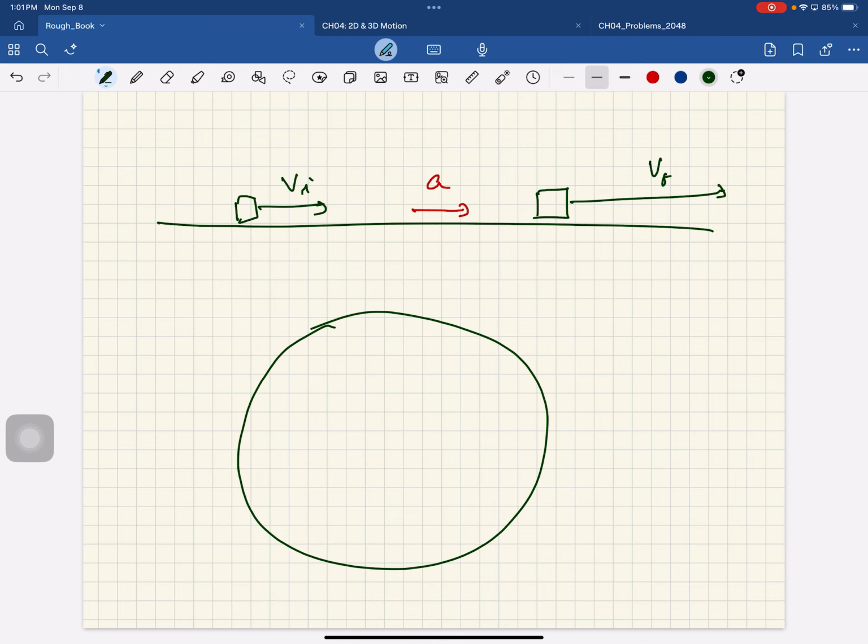So we'll consider a different case. Now let's say you're going on a circular path at constant speed. What does constant speed mean? Very good.